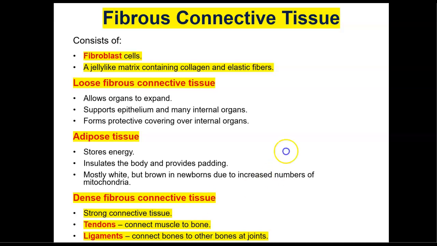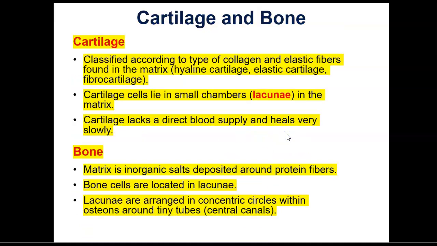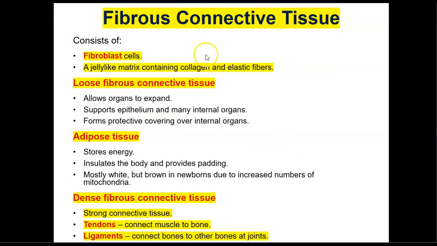Here are the notes for fibrous connective tissue. Fibrous connective tissue is dominated by these cells called fibroblasts, and the word part blast means that it creates. So fibroblasts create the different protein fibers. And the fibrous connective tissue has a jelly-like matrix that contains collagen and elastic fibers.